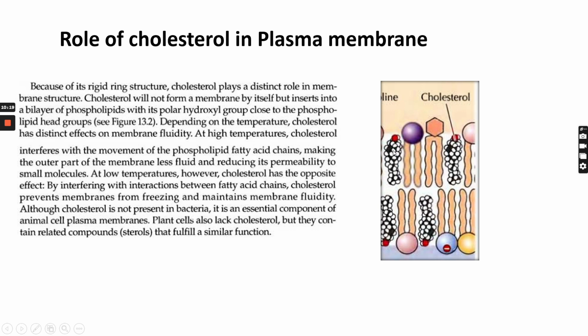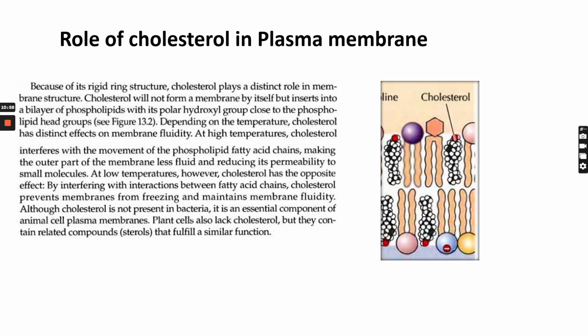So they inhibit the rigidity and maintain the fluidity at lower temperature, and they inhibit the fluidity at higher temperature. This is a very important role. You can study here what I have already said. It is very important, you study from this. You take a screenshot and study here that this role of cholesterol is very important.